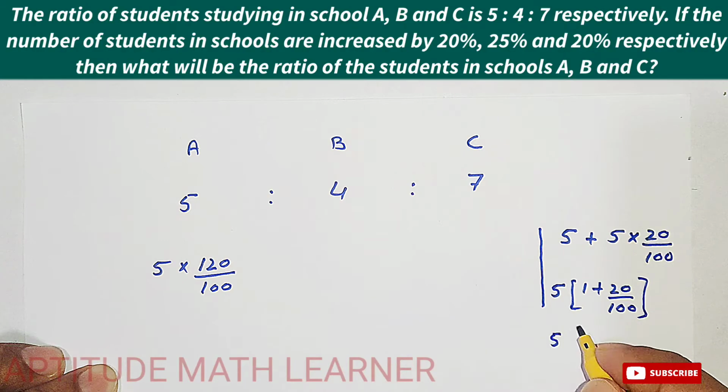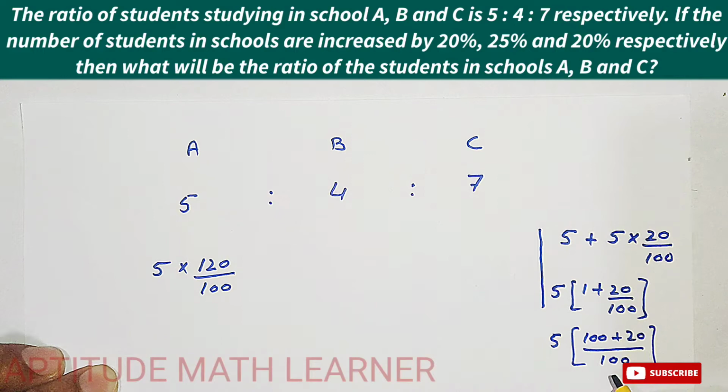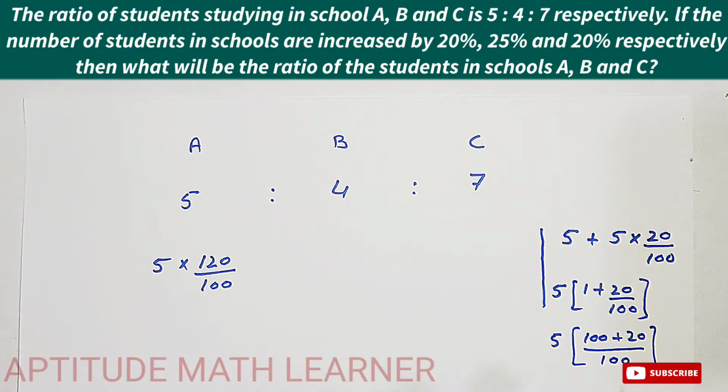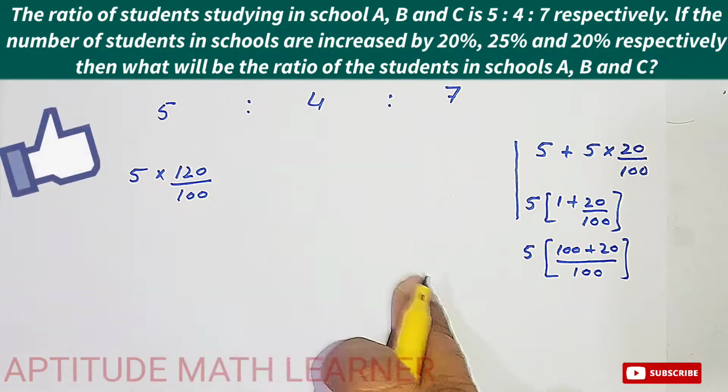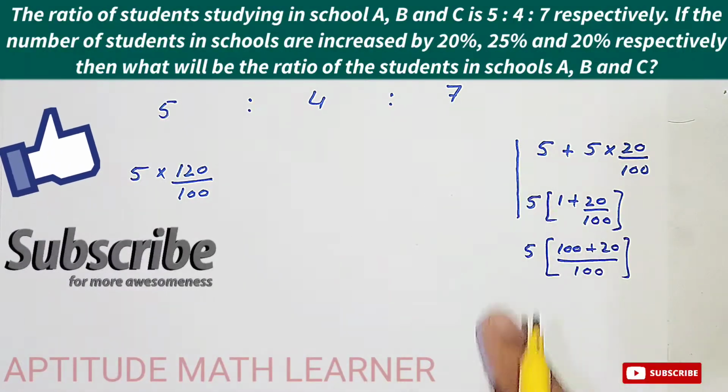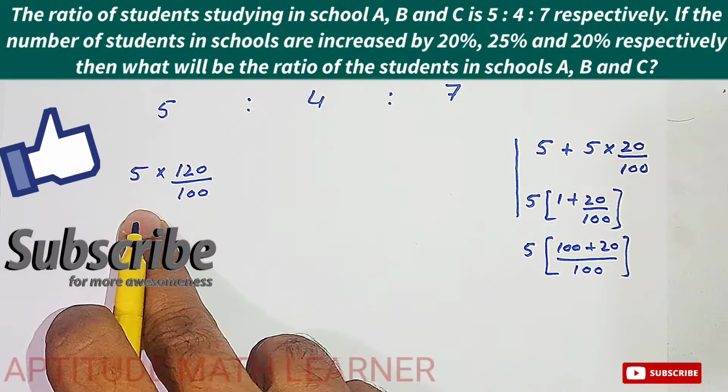Taking the LCM 100, that is 100 plus 20 upon 100. This is just for your understanding, but you have to keep it in your mind. For the direct method you directly use 120, and it will be multiplied. So this is the process to make you understand this.